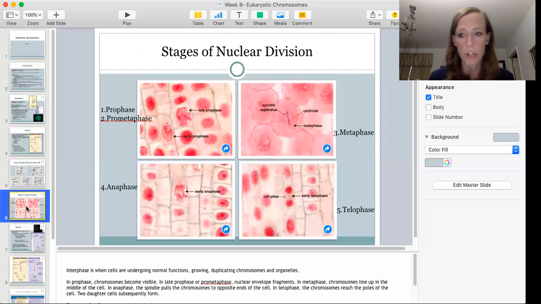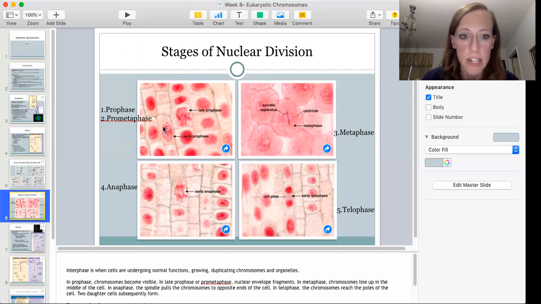I have a few more pictures in the next slide, showing you again another example of prophase and prometaphase. Here, they're described as early and late prophase, but again, remember that those are the same: prophase or early prophase, and prometaphase or late prophase.